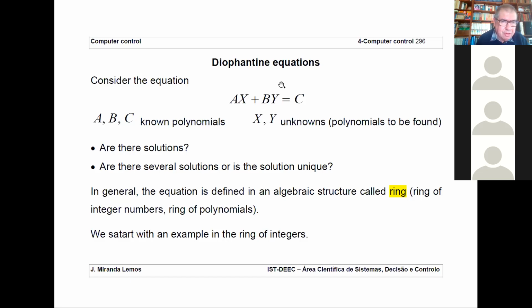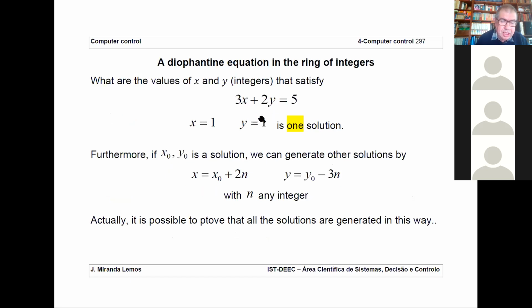So instead of giving an example with polynomials, I give you an example with integer numbers. Suppose that you have this equation, 3x plus 2y equal to 5, and my set now is the set of integers. If you select x equal to 1 and y equal to 1, this is true. So you have one solution.